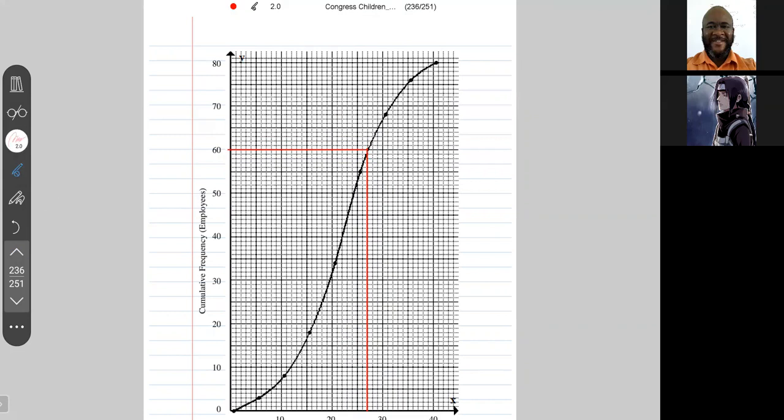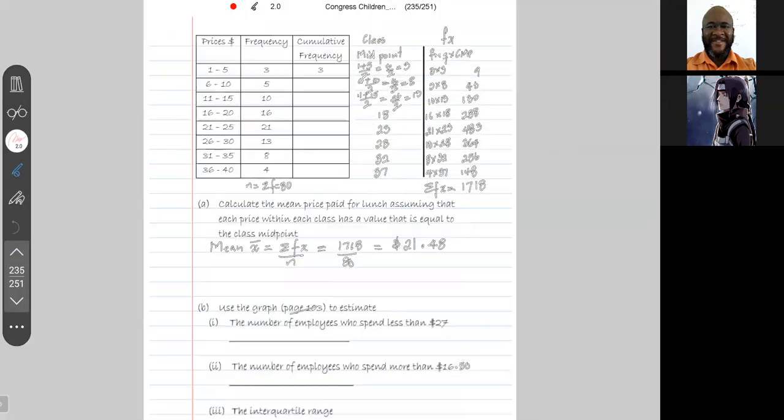What this is saying to me is that the 60th employee spent $27 on lunch. So everybody below him spent less than $27 on lunch. And what we want is the number of employees who spend less than $27.